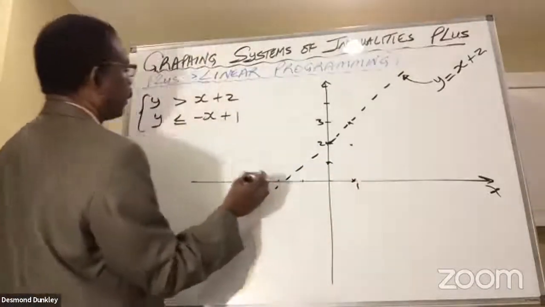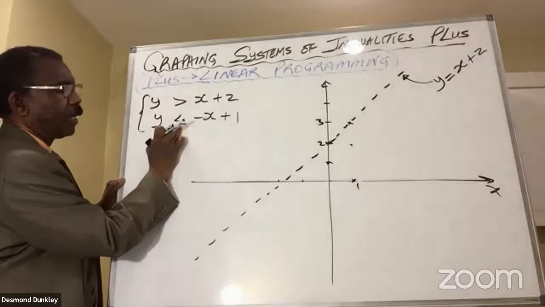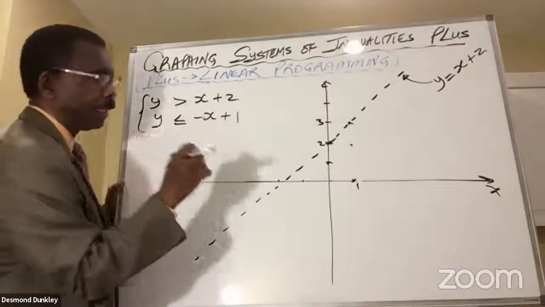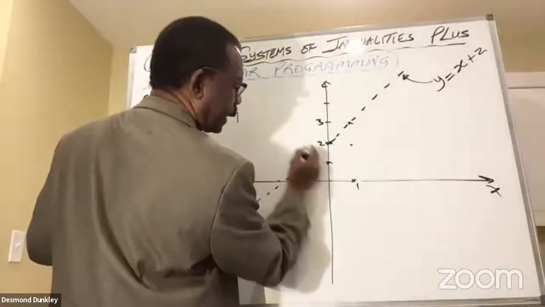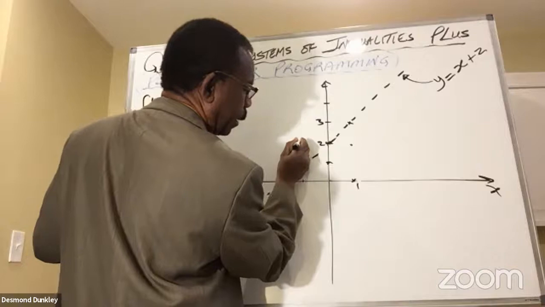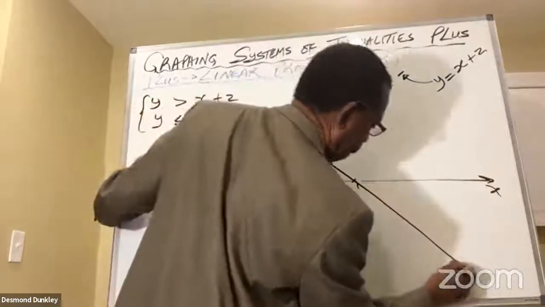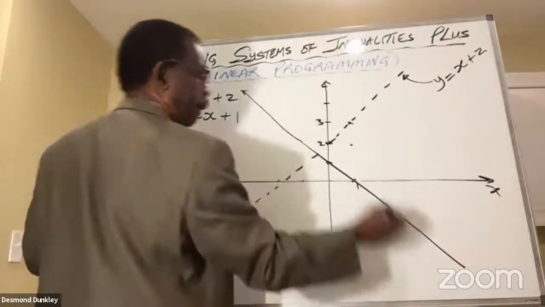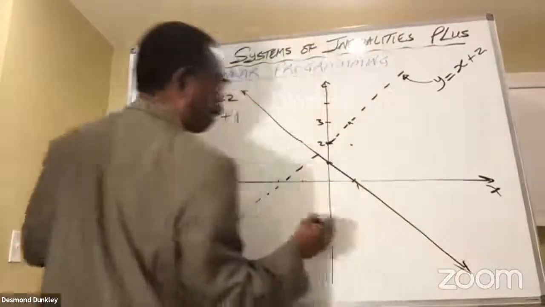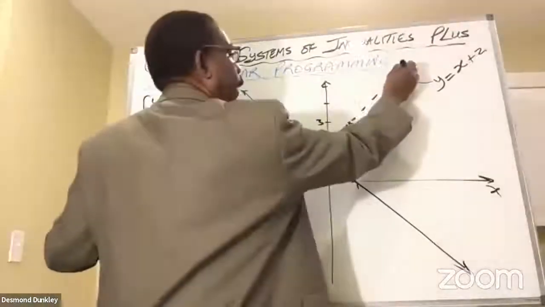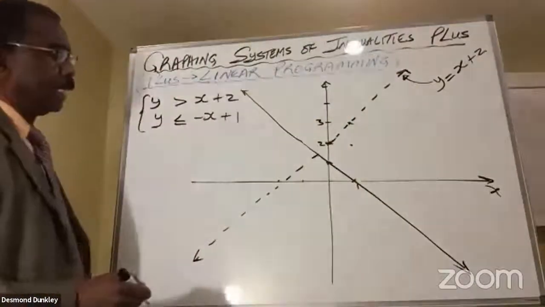Again, this one is less than or equal to, so now we're talking about a solid line. So we're going to have a graph going this way, and it's going to cut this one right here. If you were doing it, you would use a ruler to extend your line.